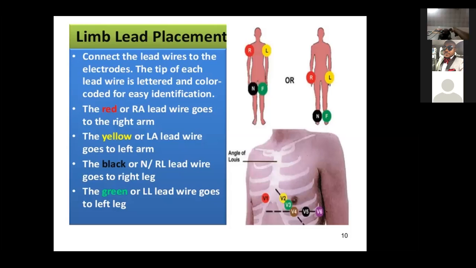The tip of each lead wire is lettered and color coded for easy identification. The red or RA lead wire goes to the right arm. The yellow or LA lead goes to the left arm. The black or neutral lead wire goes to the right leg. The green or left leg lead wire goes to the left leg.